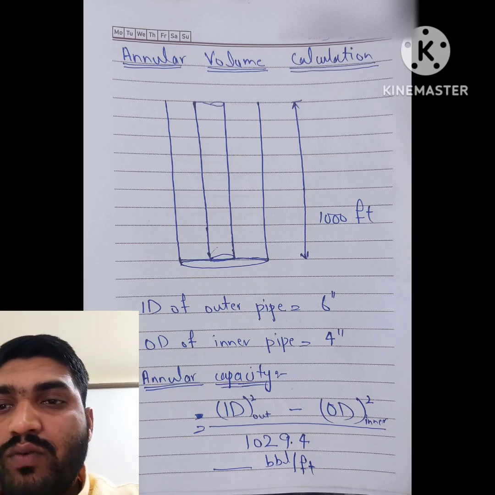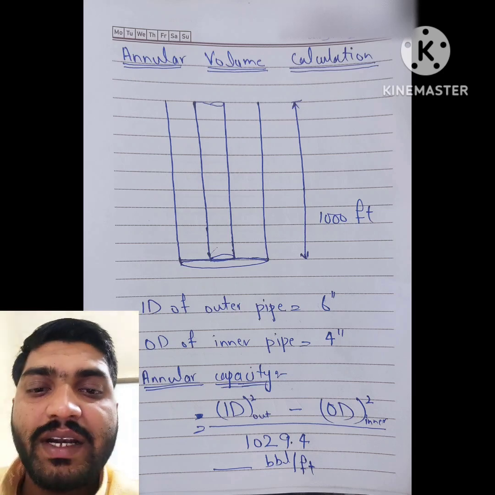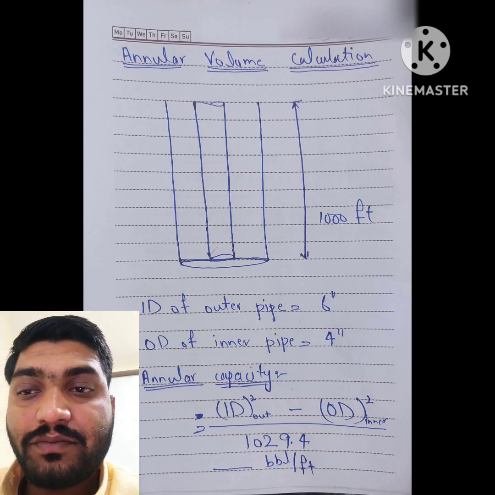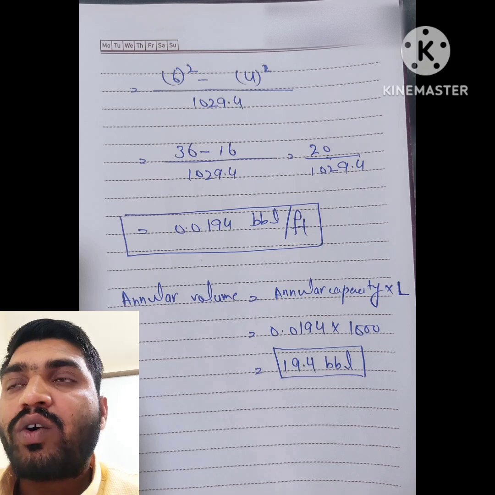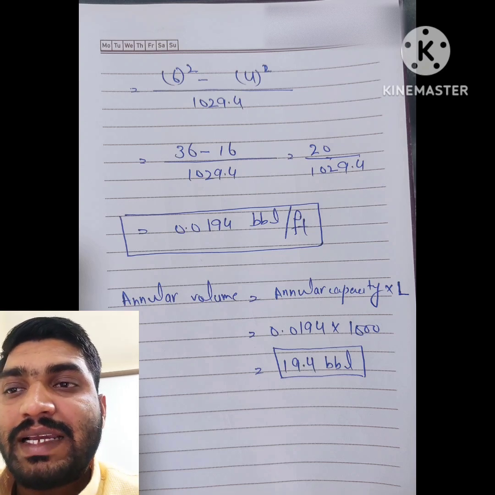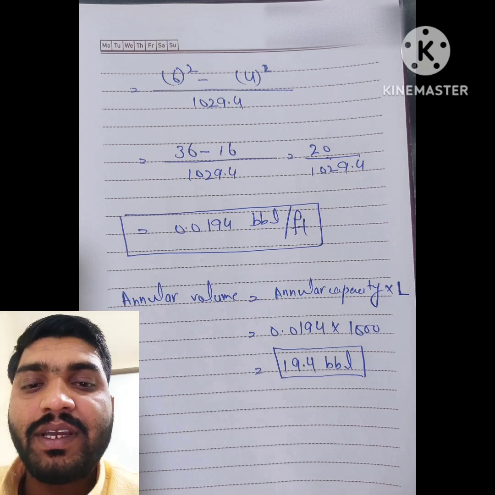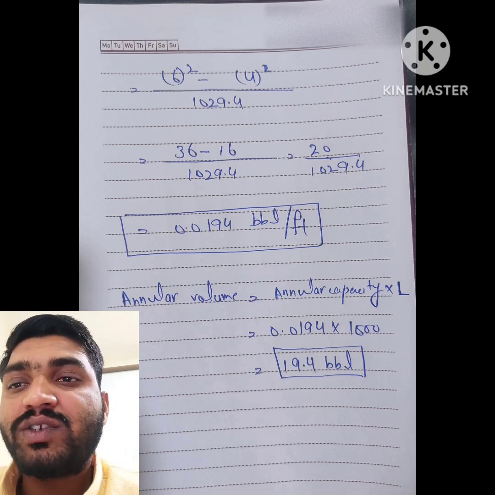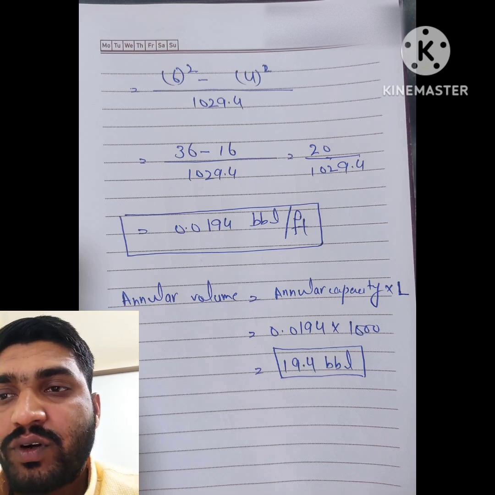Now we'll put the values in this formula and calculate the annular capacity. ID of the outer pipe is 6 inch, so we take 6 square, minus OD of the inner pipe, which is 4 inch, so 4 square, divided by 1029.4.